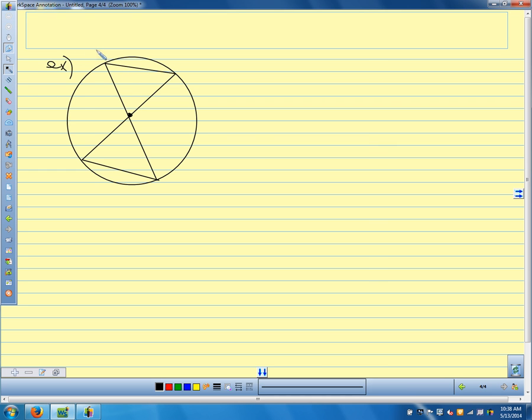I'm going to say that this is D, C, A, and B, and this is point O. And we're going to say that AB is congruent to segment DC. So these chords are congruent. Let's mark that. We know those are congruent.